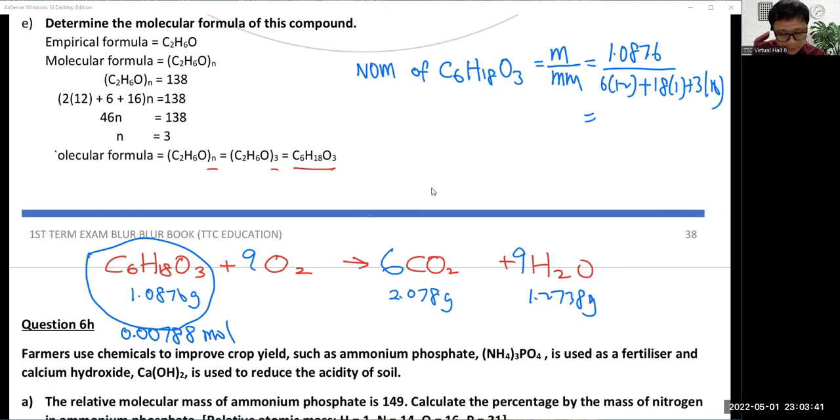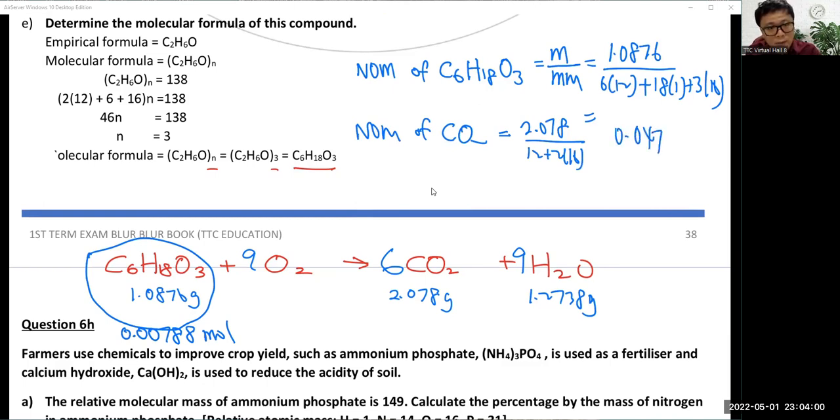Then we try to find the carbon dioxide. Carbon dioxide number of moles equals 2.078 divided by 12 plus 2 times 16, which is 44. I'll get 0.04722 mole.